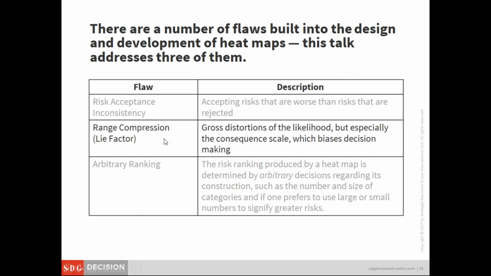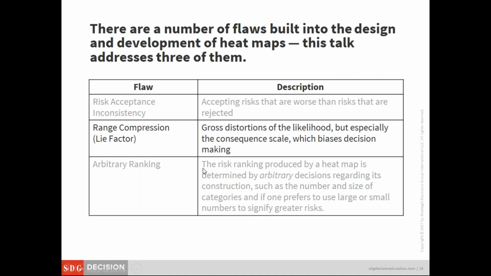The second is what we call range compression. Edward Tufte, who focuses on graphical displays and how to present information to people, calls this the lie factor in a different dimension. Basically, the heat map really distorts the scale by quite a bit, right? Every consequence bigger than 20 million is in this bucket.